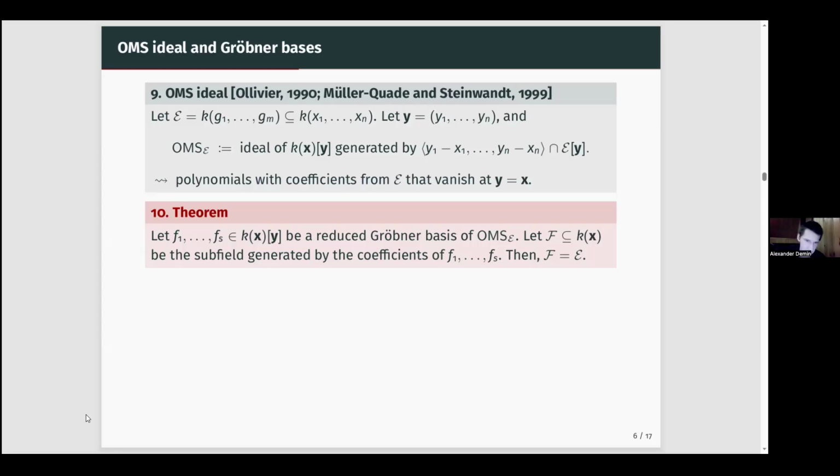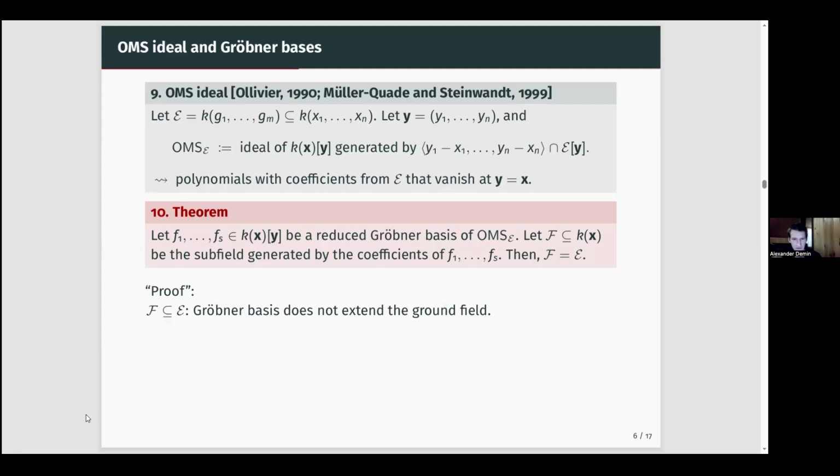Now let's kind of prove this. I will tell where it's not exactly a proof. In one direction, it's quite clear. Computation of a Gröbner basis does not extend the ground field. If we start with some polynomials whose coefficients were from our field, and we did some manipulations for the Gröbner basis, we did not make our ground field larger.